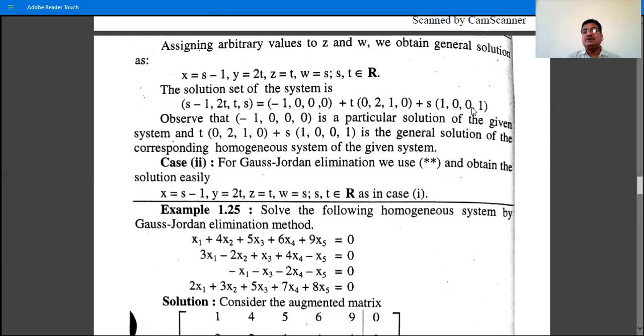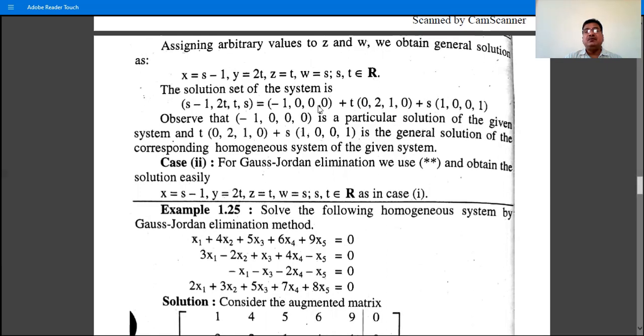The general solution of the given system. This minus 1, 0, 0, 0 is the particular solution of the given non-homogeneous system, and the combination of these two vectors is the general solution of the corresponding homogeneous system.